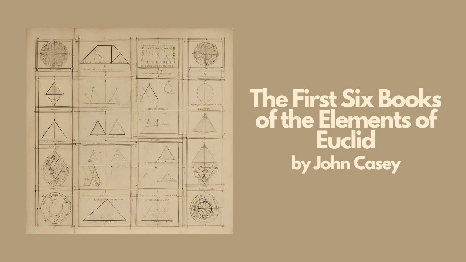Prop. 14. Theorem. Planes CD, EF, which have a common normal, AB, are parallel to each other. Demonstration. If the planes be not parallel, they will meet when produced. Let them meet, their common section being the line GH, in which take any point K, join AK, BK.